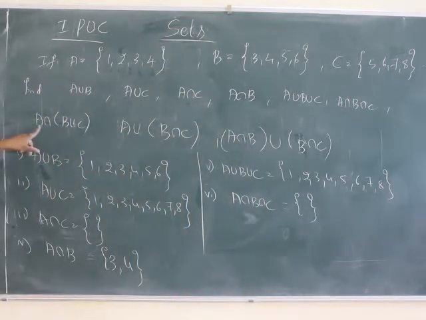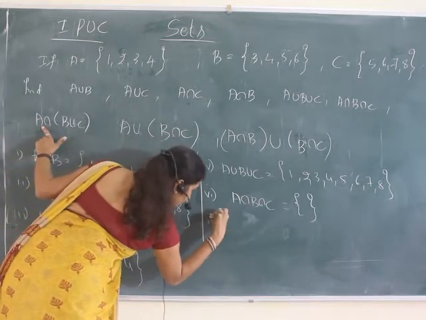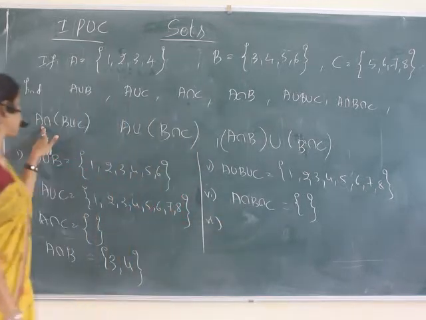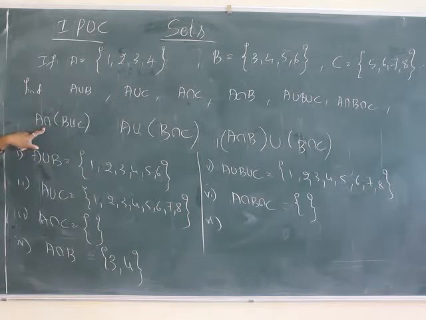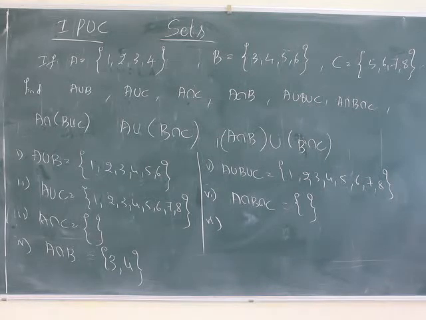Next one is A intersection (B union C). Before calculating this, first I'll calculate B union C, because when a bracket is given, we have to simplify the bracket first, then go for the next step.